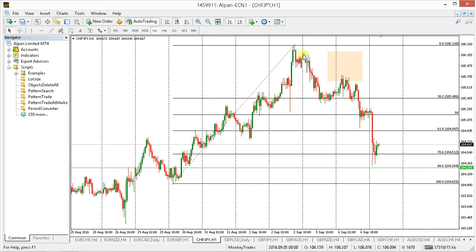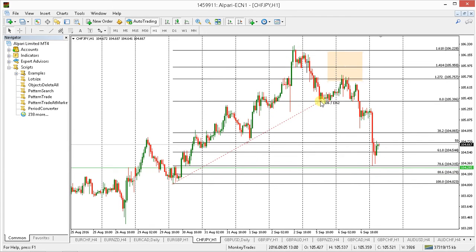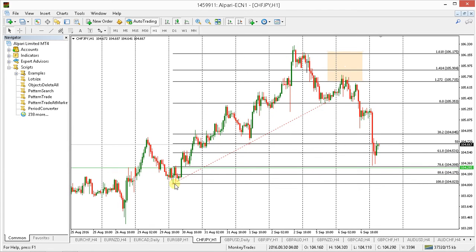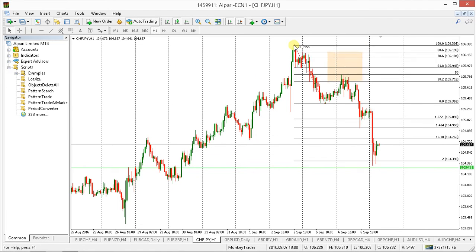Okay, 886 is your entry, the first line of your potential reversal zone. Then here, guys, you need AB extension 2, not 618 but extension 2, this way. See this?